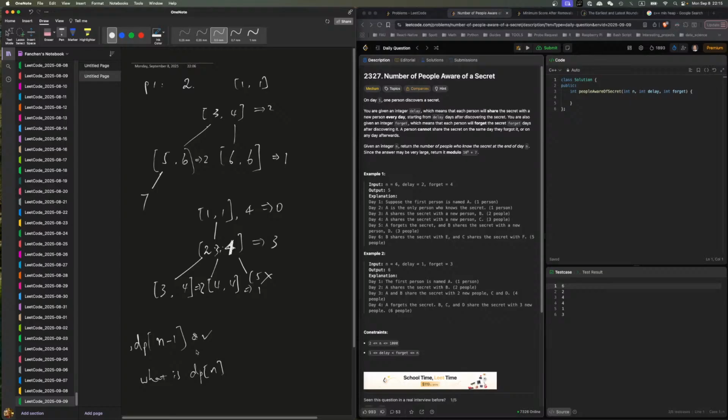So if this is n-1, I want to also know what is the end date, because when I transition to the next, some might need to forget.